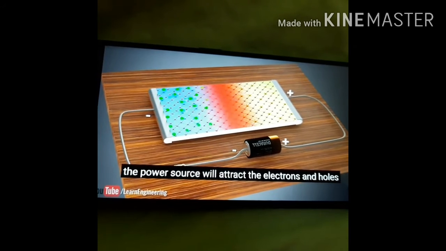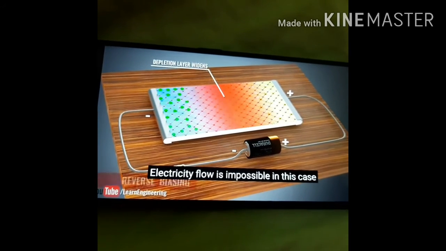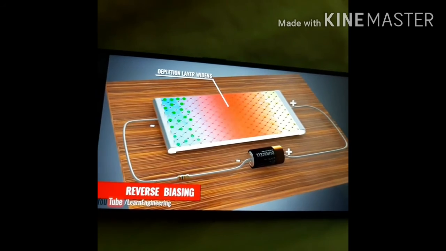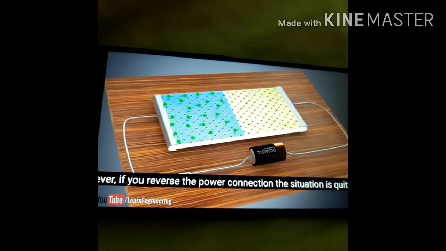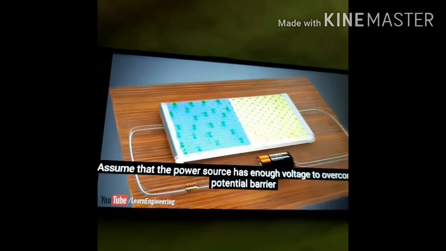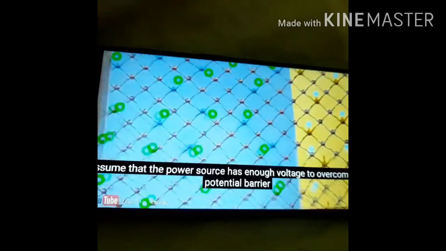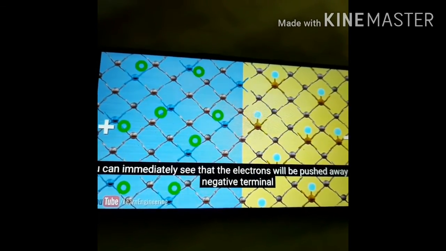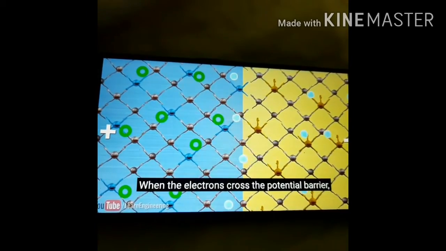Now by applying the forward bias, you can see how the electrons are moving. And this one is reverse bias. The depletion layer will be increasing. In this animation you can see clearly how the depletion layer is forming.